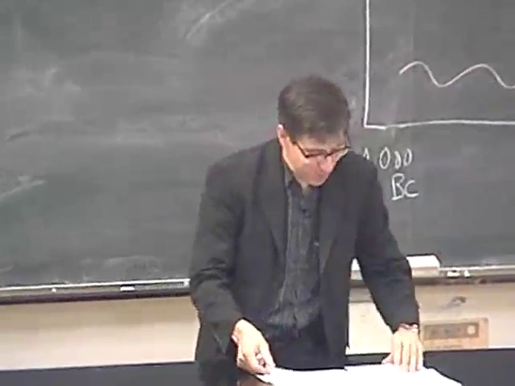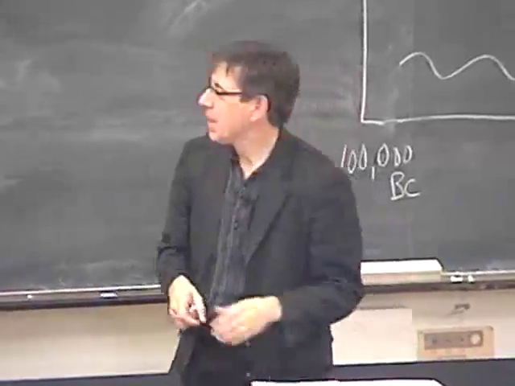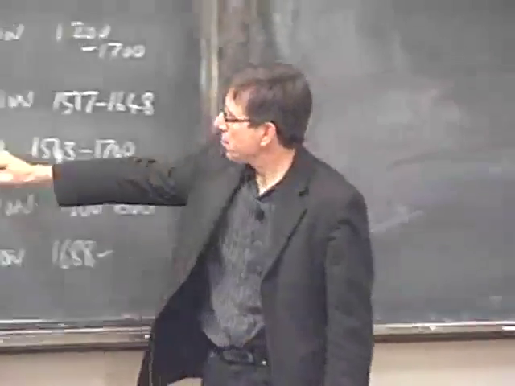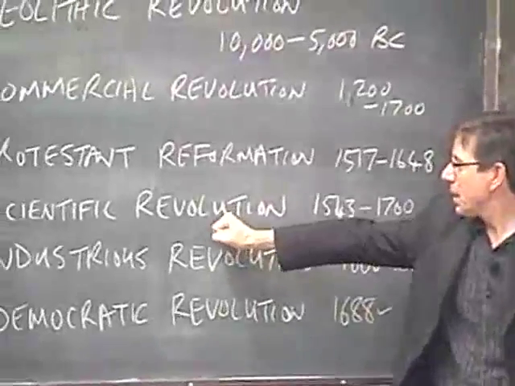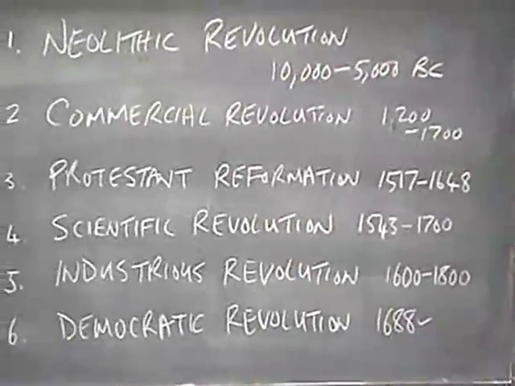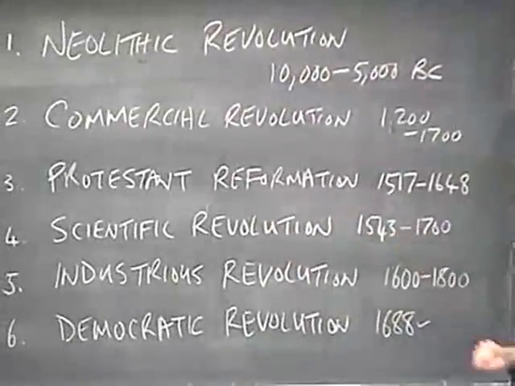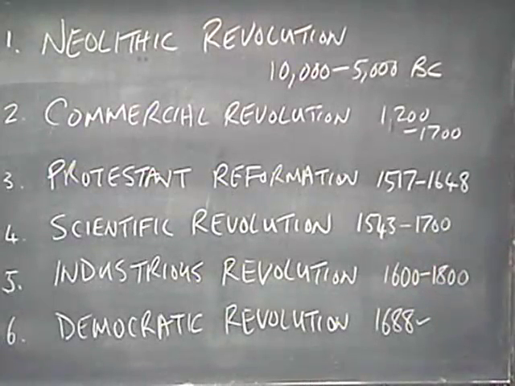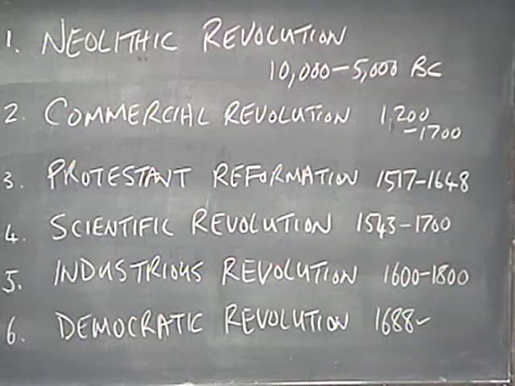After the Protestant Reformation, the next great revolution that many people have written books about is the scientific revolution of 1543 to 1700, which began, it's dated in the beginning to Nicholas Copernicus and his book on the revolutions of the heavenly spheres, which for the first time changed cosmology and placed the sun at the center of the universe as opposed to the earth.